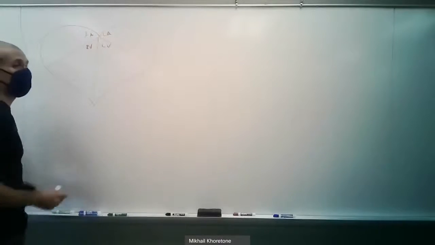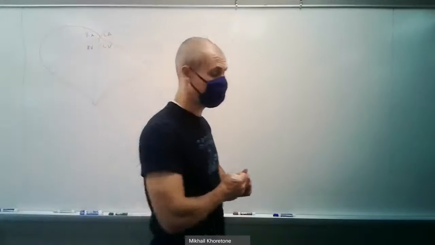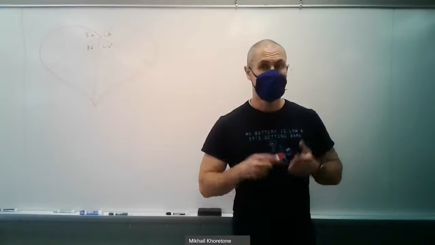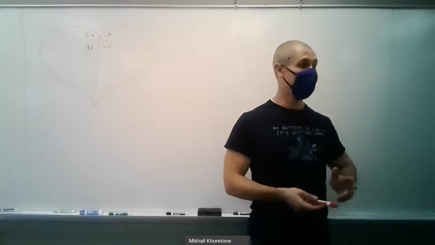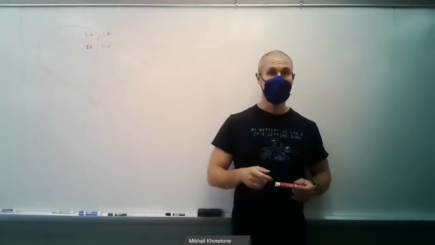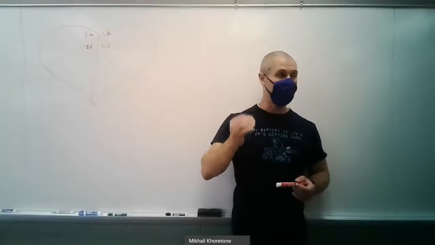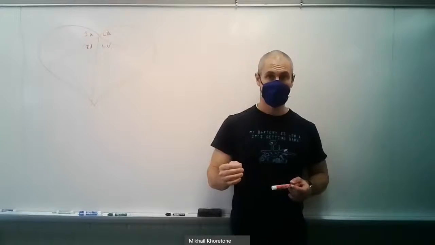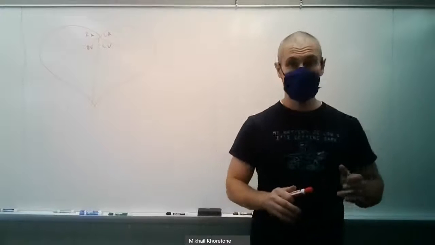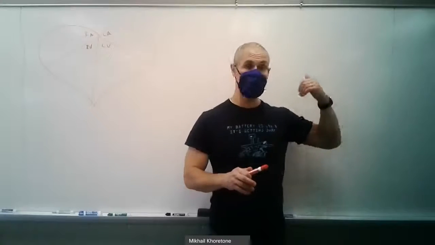Okay, so that's the heart. That's right atrium, left atrium. There's not going to be a lot of anatomy in here. The conduction system, I think you should think of it as the electrical wiring of the heart. Does that make sense? The whole conduction system consists of pacemaker cells that we just discussed.